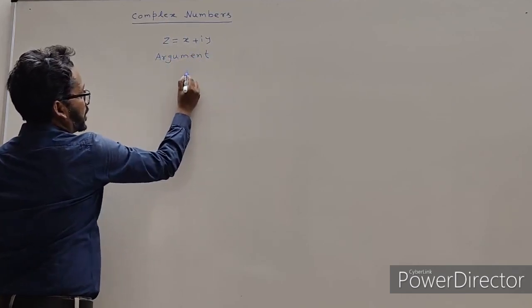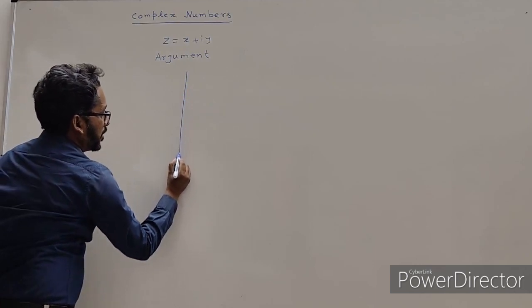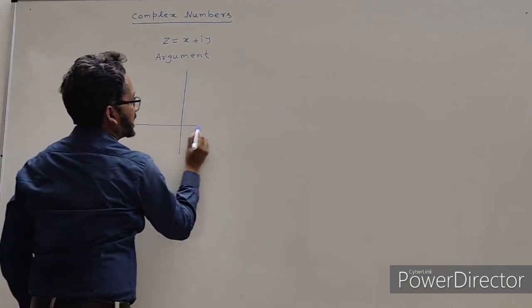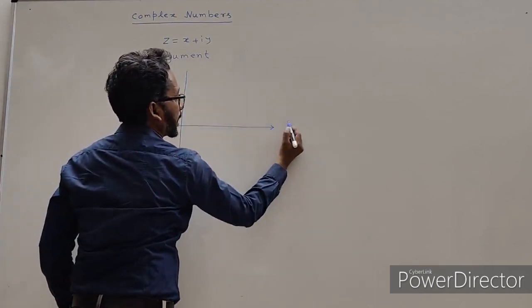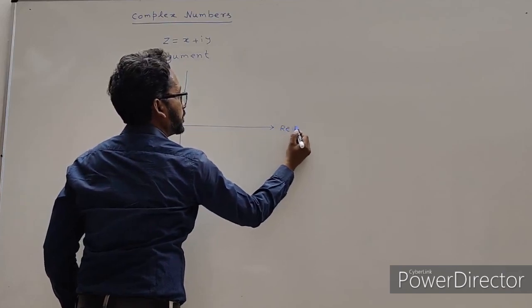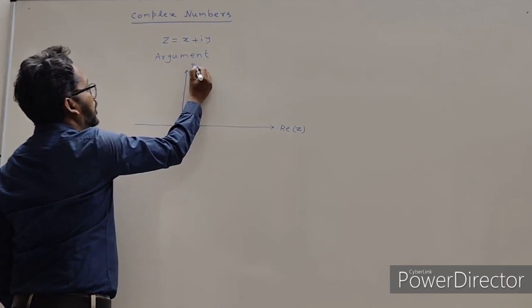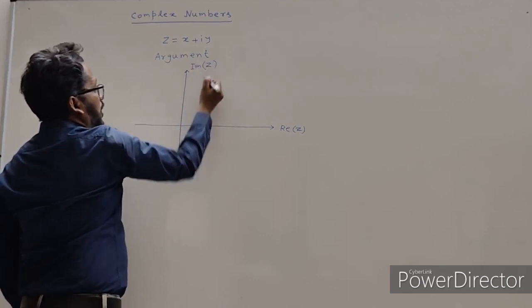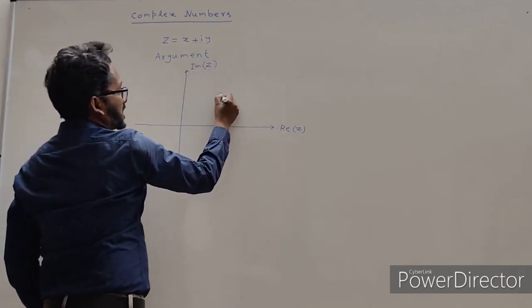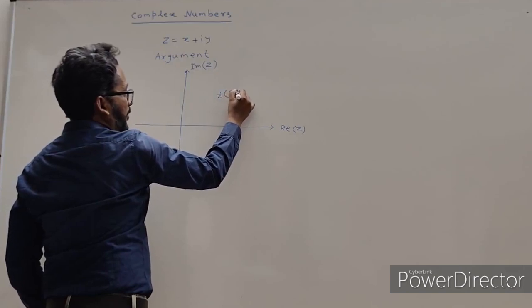There is one more term which is related to a complex number or the position of a complex number, that is known as argument. Suppose we are plotting a complex number z which has coordinates x comma y.